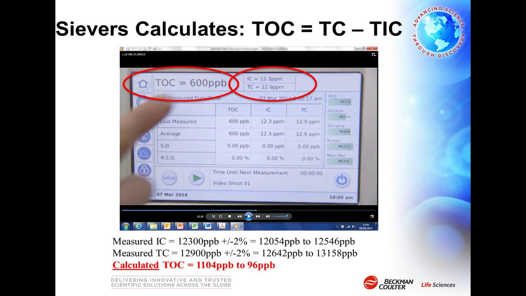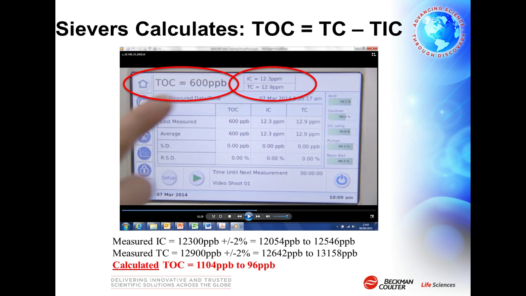You can see on this screen a common TOC analyzer found on the market, and you can see it's actually measuring IC, inorganic carbon that is, and total carbon, and it's calculating the TOC. In this particular case, the purified water contains 12.3 parts per million of TIC, and the calculated TOC value is 600 parts per billion.